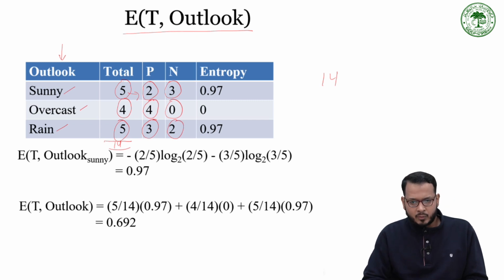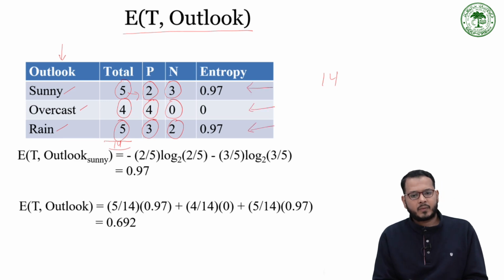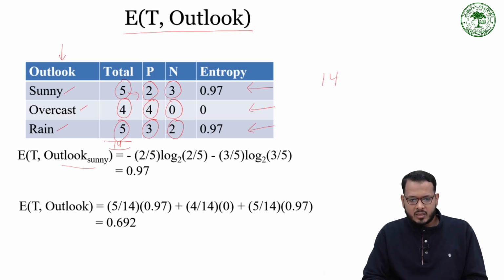Once we have calculated all these values, the next step is to calculate entropy for each individual value within Outlook. That means we have to calculate the entropy for Outlook being sunny, Outlook being overcast, and Outlook being rain.